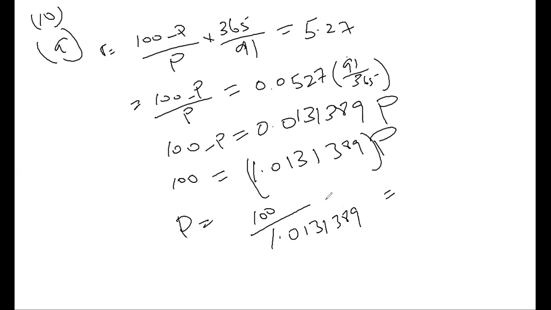So what do you get? 100 divided by 1.0131389. 98.703, right? 98.70349. That's what I get.